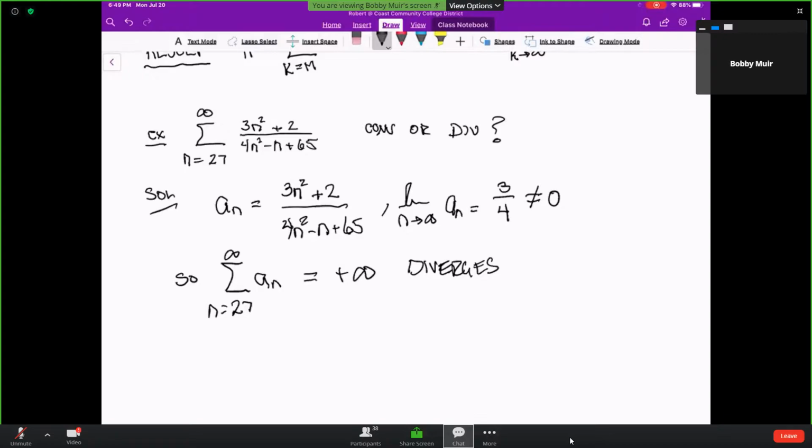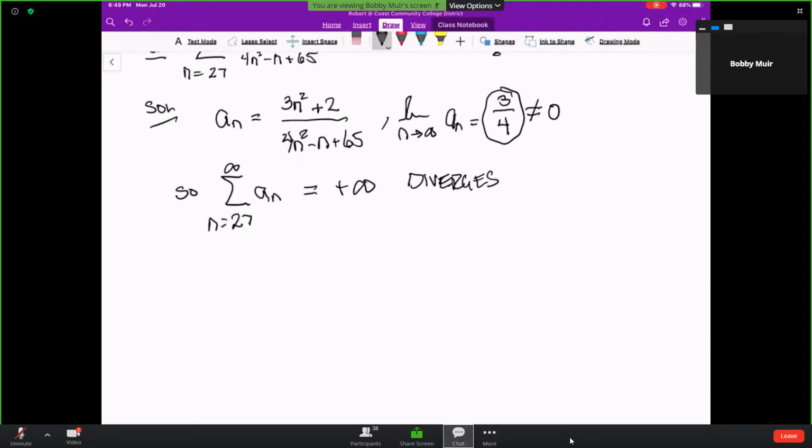So people look at this, we've already done the ratio test, and you think, oh, 3/4, well, that's less than 1, converge. No, this diverges because the things that you're adding up aren't going to 0. You're trying to add up an infinite number of 3/4's, which is not happening.